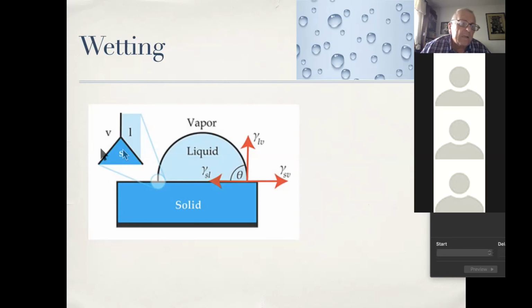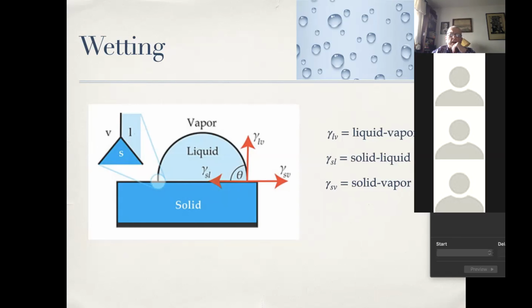This is a kind of triangular drawing of what is happening, and this is a general formula. It turns out, with these definitions of these quantities, that when this angle theta is larger than pi half, that is larger than 90 degrees, the situation is called drying.